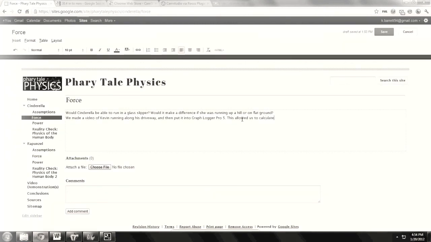Finally, we have the conclusions to sum up all of our findings, and then below that, our sources. We found a lot of interesting sites with lots of information that were very helpful to this whole procedure, so we wanted to put a sources section in this website so that if anyone had any further questions, it would be very easy to go out and find that information.